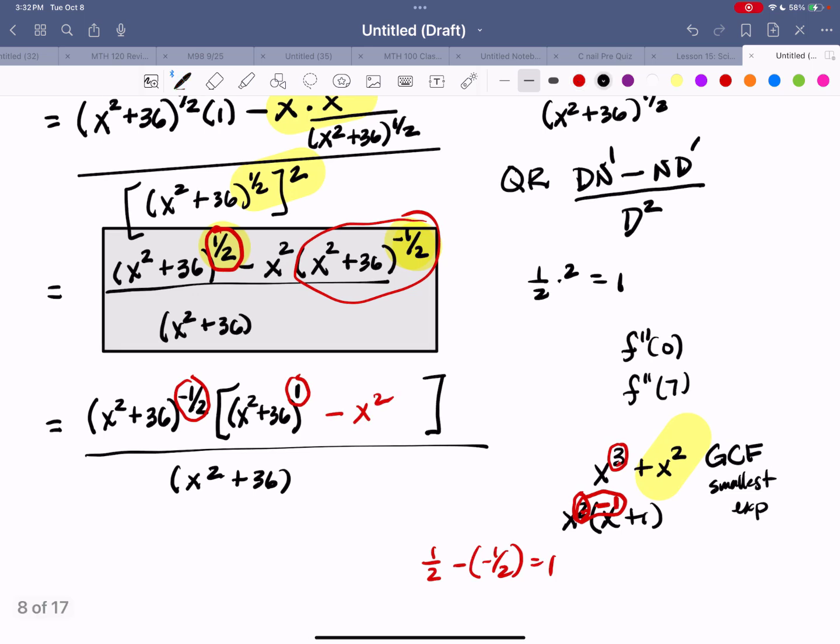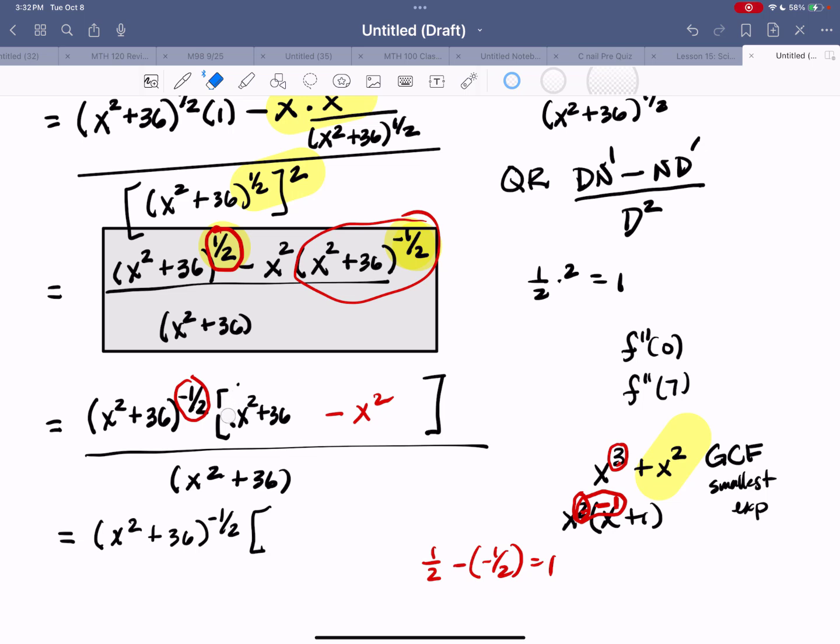All right, so this simplifies down pretty nicely. X squared plus 36 to the negative 1/2. And look, this 1 exponent means I don't even need these parentheses at all, because that's just x squared plus 36 minus x squared.